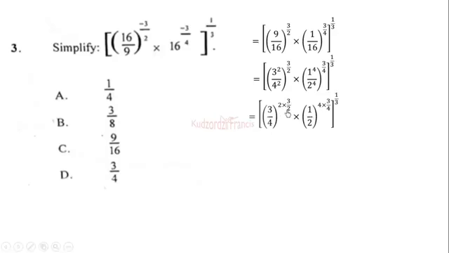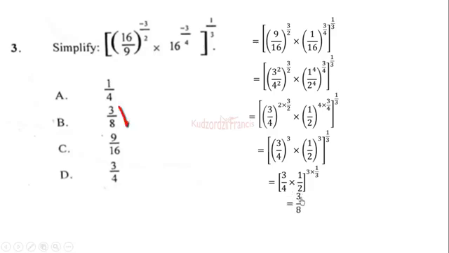Now when we simplify this, we get 3 over 4 exponent 3 times 1 over 2 exponent 3, all exponent 1 over 3. So we can bring the 3 out in the exponent to get something like this. Then this will give us 1 in the exponent, and when we multiply 3 and 1, we get 3, and 4 by 2 will give us 8.